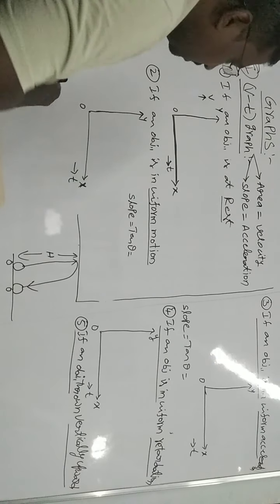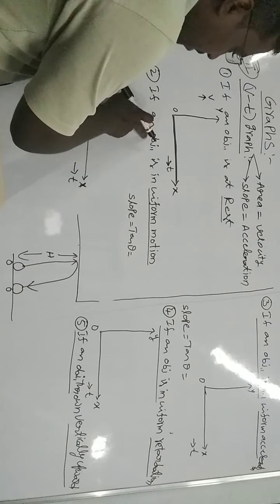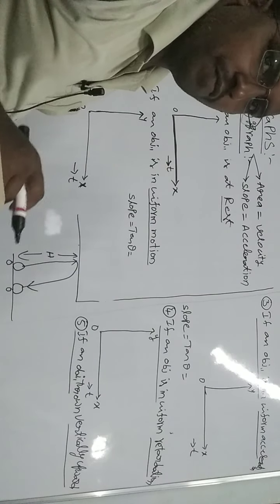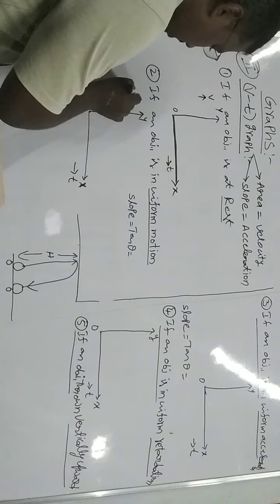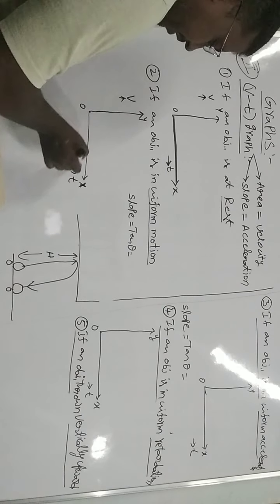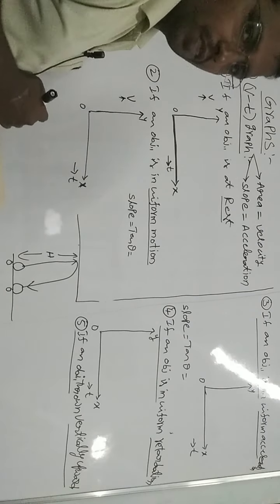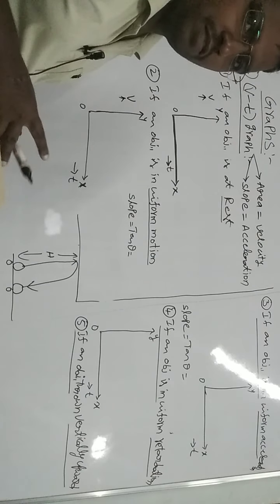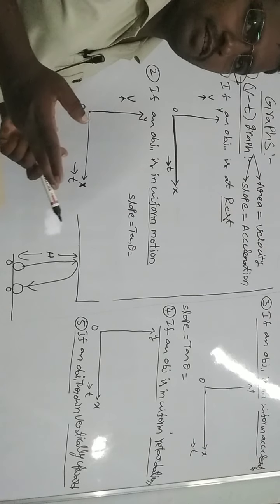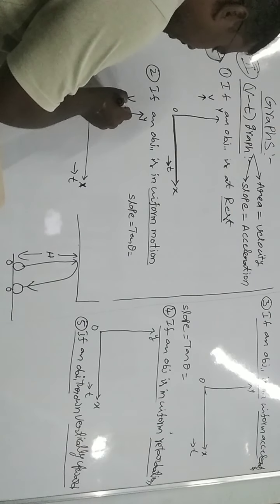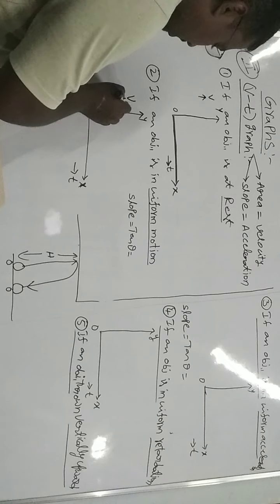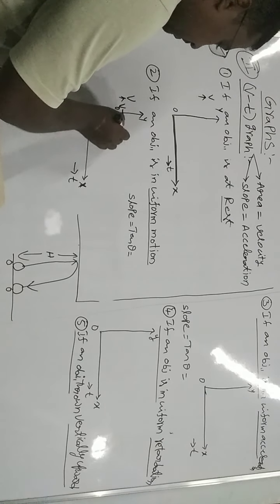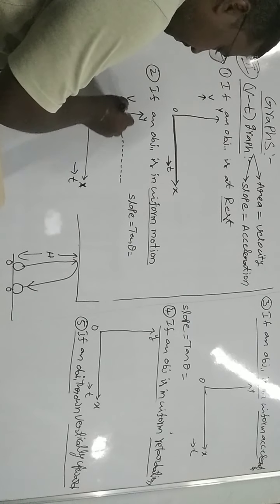Okay, students. Next, if an object is in uniform motion, we take velocity on the y-axis and time on the x-axis. Uniform motion means velocity remains constant. That's why we write velocity is V0, and it always remains constant.